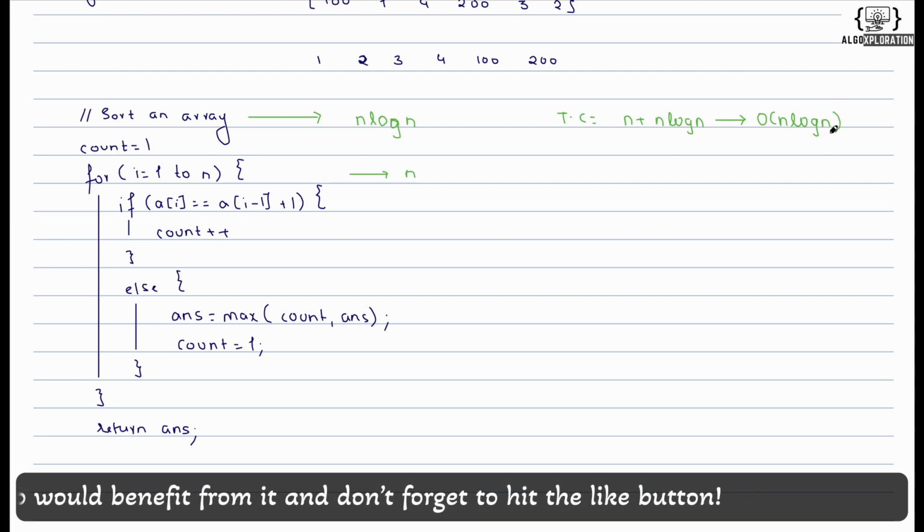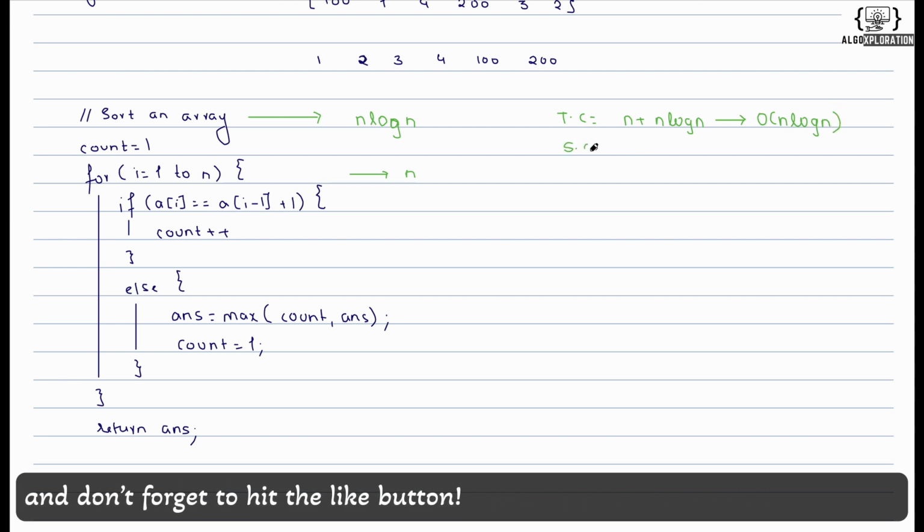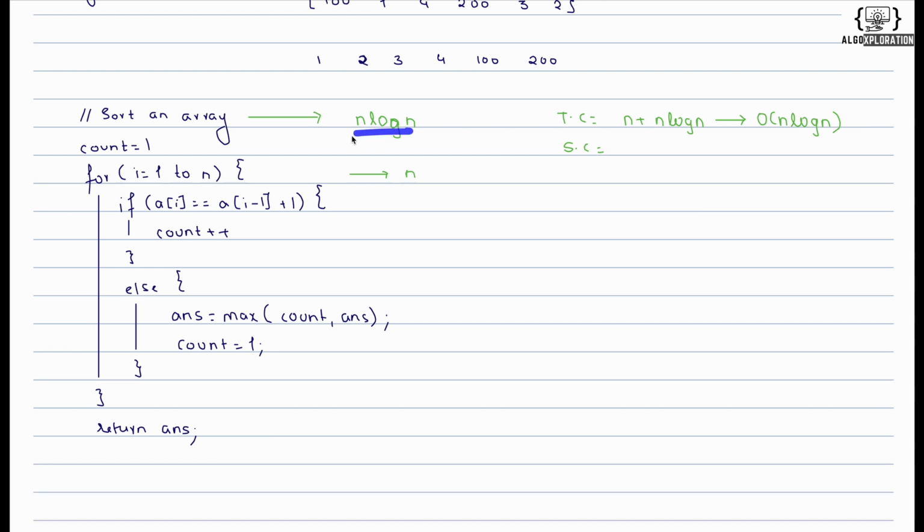And what will be the space complexity? If you sort this array using merge sort, then the space complexity will be order of n. But if we sort it using quick sort, then it will be a constant amount of space.